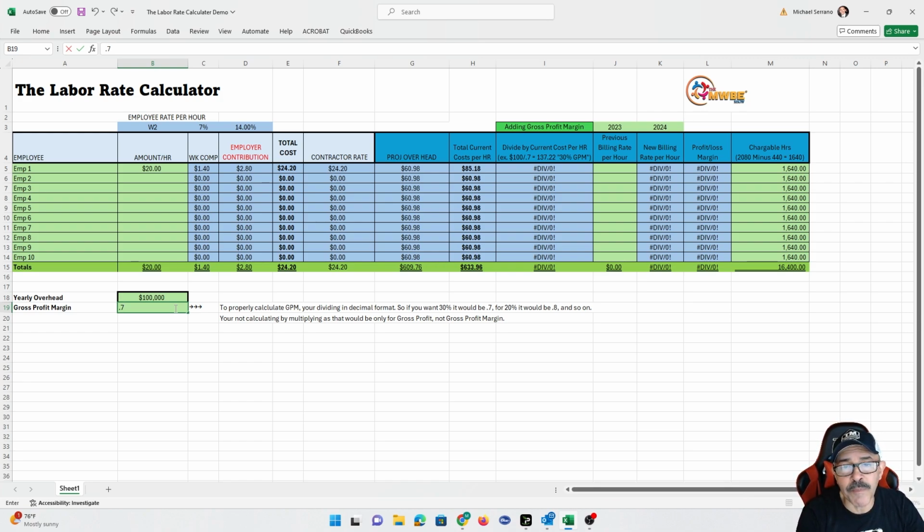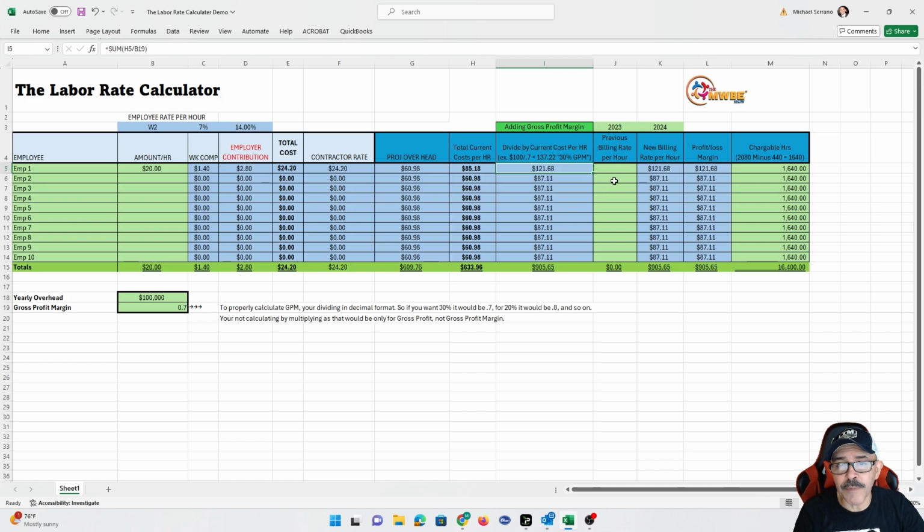So 0.7, and now you're going to see that for $85 it is $121.68. That's with 30% gross profit margin on top of it. So this is the rate that you should really be charging. If we were to multiply that by 1.3, we're going to come out with less than that. It's probably going to be like 118 or 117, something like that.